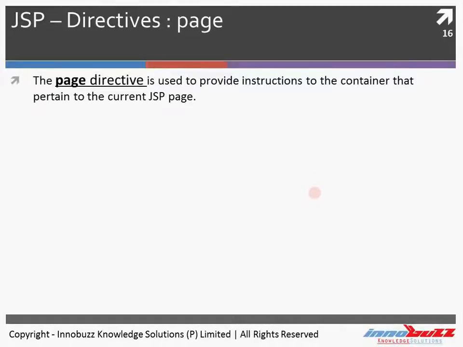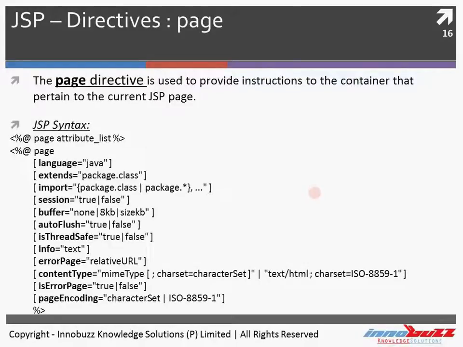Page directive. It is used to provide instructions to the container that pertain to the current JSP, and this is a very important directive for a JSP page. This statement we'll see at the beginning of the JSP page. It has certain attributes, and each attribute signifies its importance.